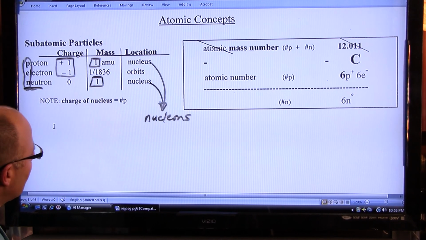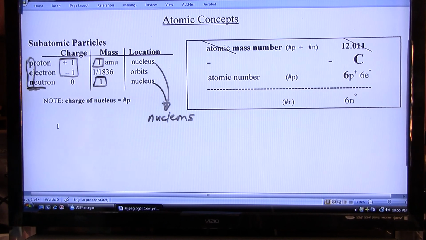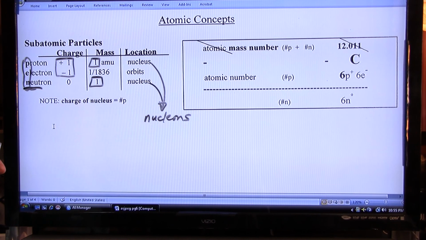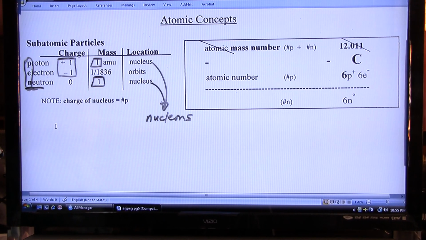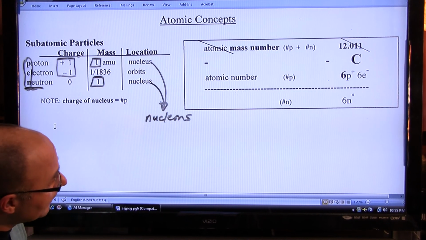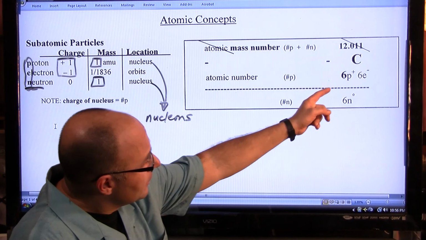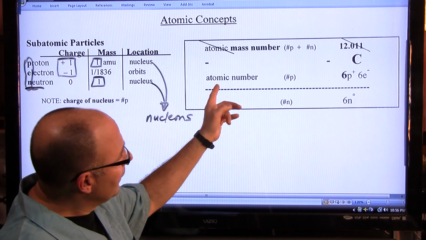Something that a lot of students find confusing is when you're asked the charge of a nucleus. Well, the nucleus is the center of the atom. Since that center is made up of protons and neutrons have no charge, the charge of the nucleus is due to the number of protons. So an atom that has, for example, carbon, which will be our key element, 6 protons, and the way I know that is from the atomic number.